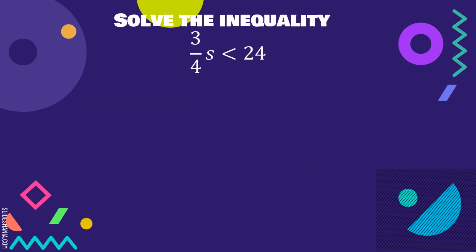Problem number 6, we have here 3/4 of s less than 24. So how are we going to eliminate this 3/4 beside s? We are going to multiply both sides of the inequality by the reciprocal of the fraction, that is 4 over 3, and then we can cancel out this 3 and 3, 4 and 4, so what's left on the left side is s less than the 24, which can be broken down into 8 times 3, and it will be multiplied by 4/3, and this 3 and 3 will be cancelled out.